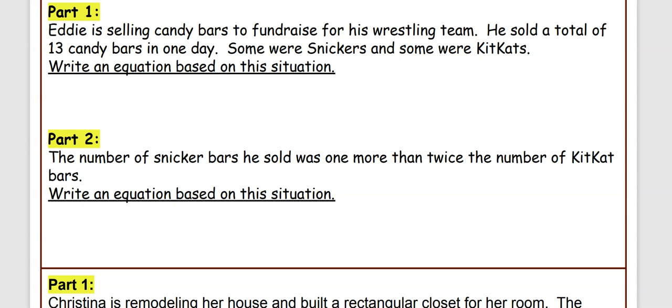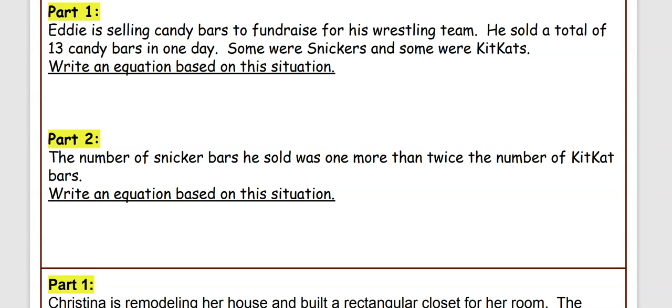Here's our first story. Eddie is selling candy bars to fundraise for his wrestling team. He sold a total of 13 candy bars in one day. Some were Snickers and some were Kit Kats. Write an equation based on this situation. So the first sentence, Eddie's selling candy bars to the wrestling team.